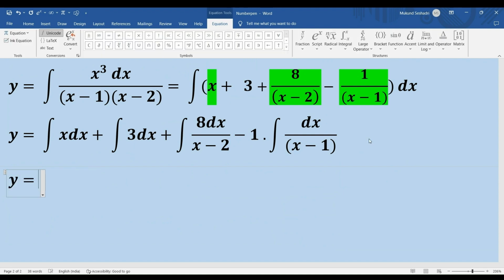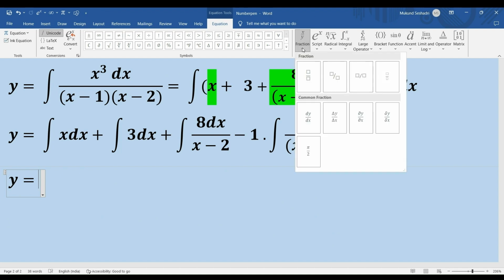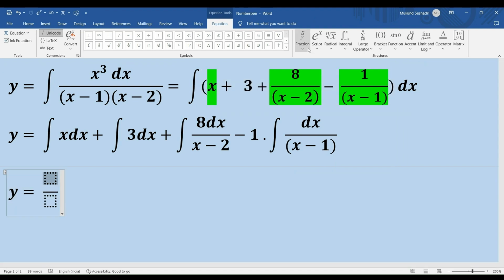So I know that the integral of x dx is nothing but x²/2. We will reserve the constants towards the end. Let's figure out the antiderivative for each one of these expressions first. So my first expression becomes x²/2. Then I have the integral of 3 dx, which is nothing but 3x. Then I have the integral of 8 times, I can pull out my 8, the integral of dx by (x − 2), which is nothing but 8 times ln|x − 2|, right?